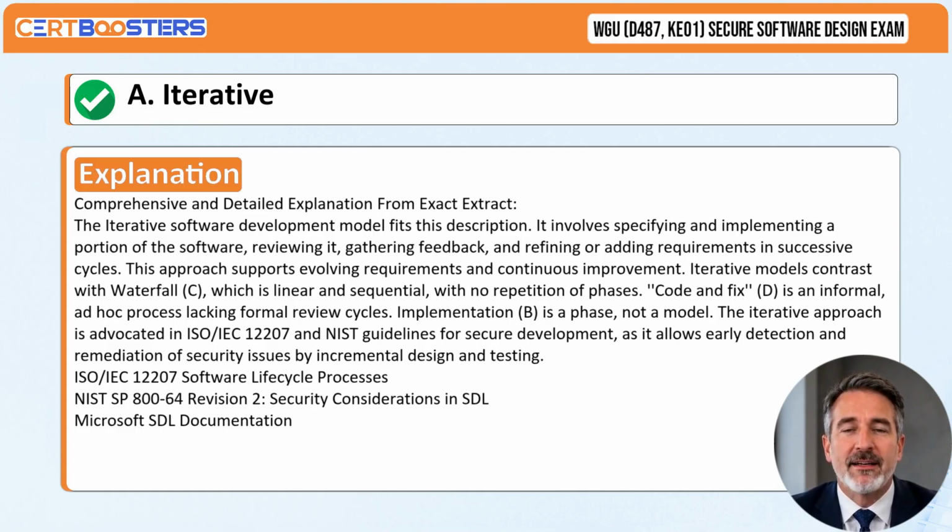Code and fix, D, is an informal, ad hoc process, lacking formal review cycles. Implementation, B, is a phase, not a model. The iterative approach is advocated in ISO/IEC 12207 and NIST guidelines for secure development, as it allows early detection and remediation of security issues by incremental design and testing.